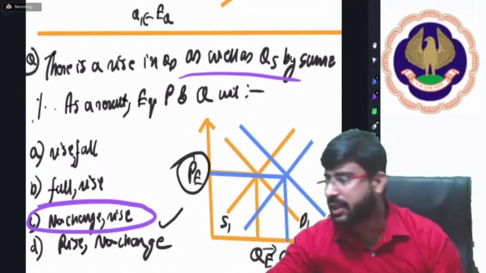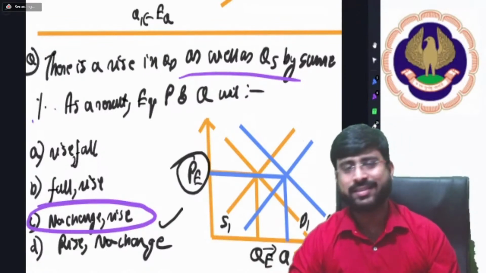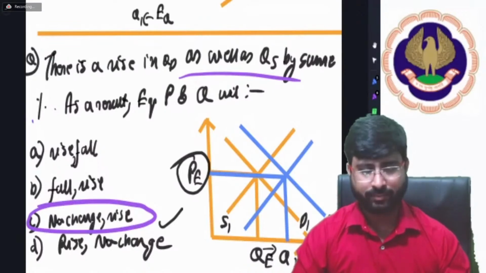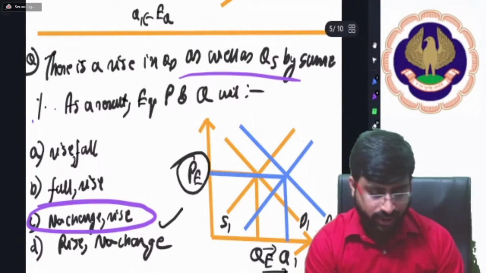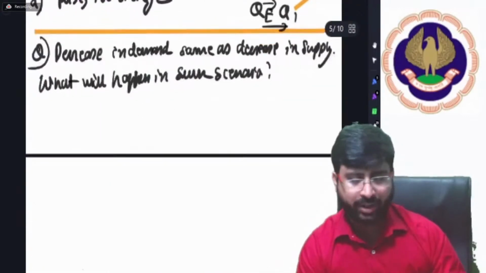I hope it's crystal clear now. Absolutely, sir. So equilibrium quantity has risen as we had expected. Sir, we have understood what you are saying. What next, sir?